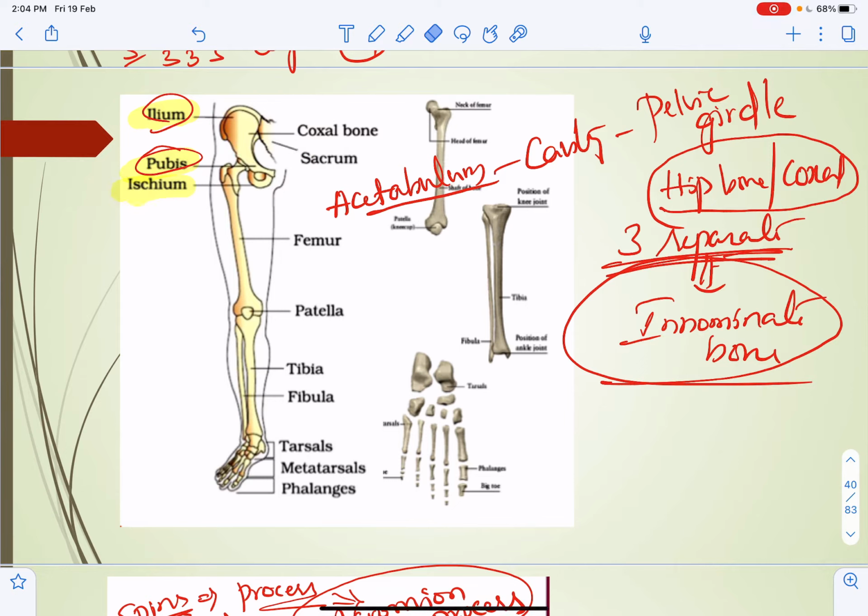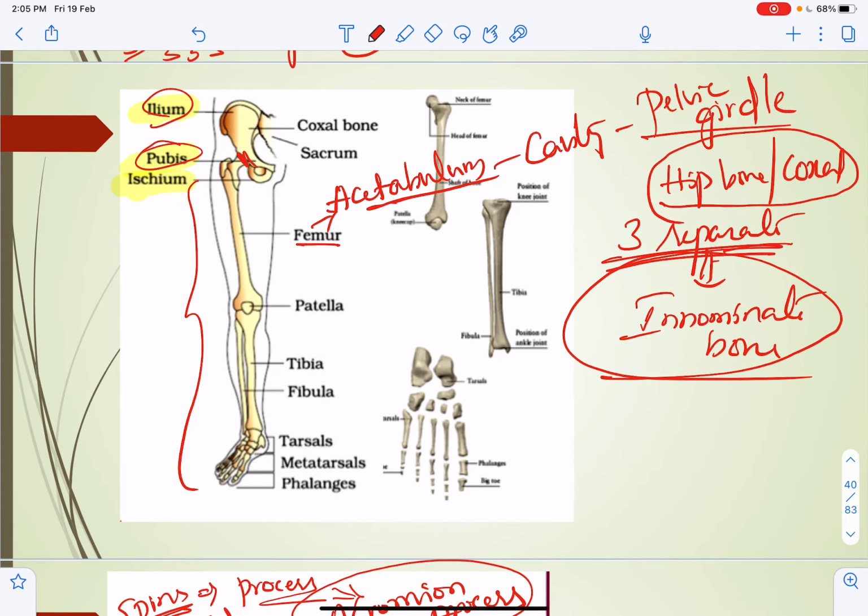Now let us take the hind limb. We have the femur, which I already mentioned is the largest, longest and strongest bone, and it articulates with the acetabulum of the pelvic girdle. Here is the knee joint, where the femur articulates with the tibia.